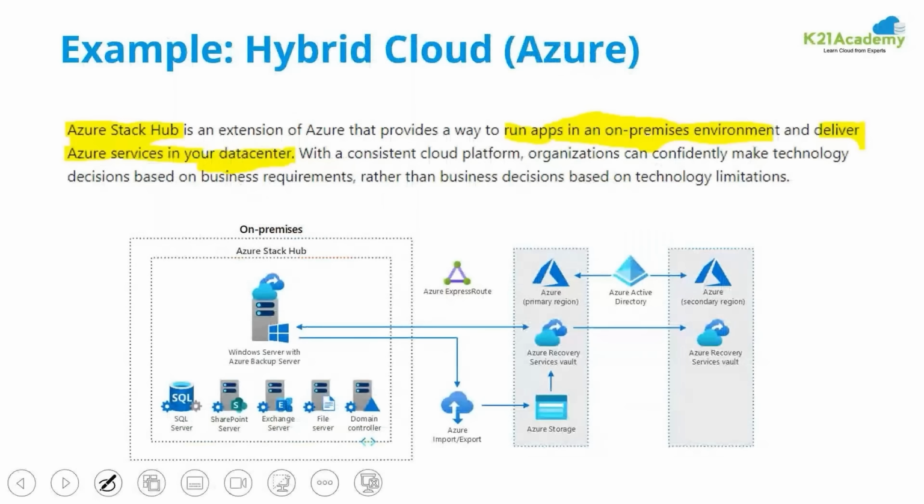In Azure also you can do the same thing. Over there it is Azure Stack Hub, which is an extension of Azure. Okay, that provides a way to run your applications in an on-premise environment.